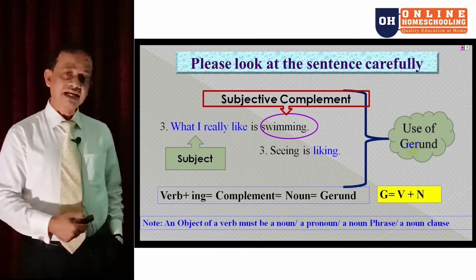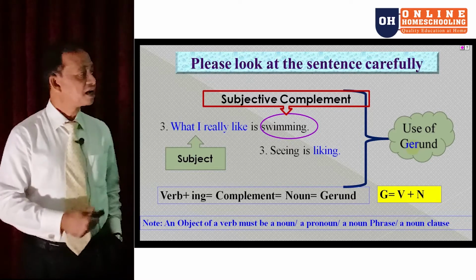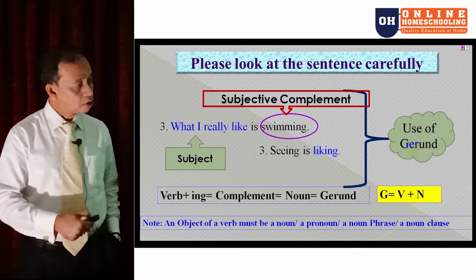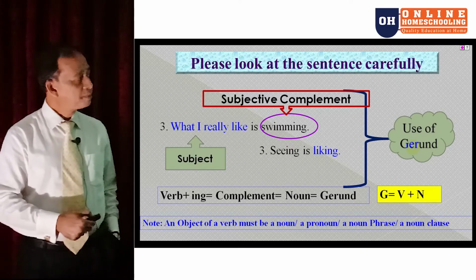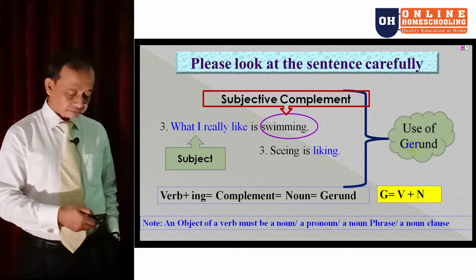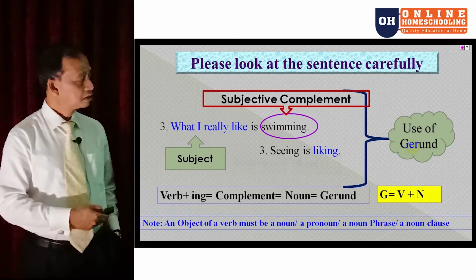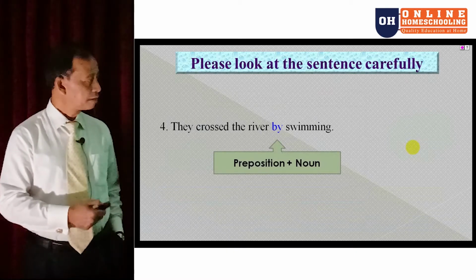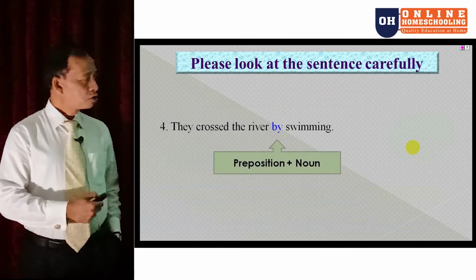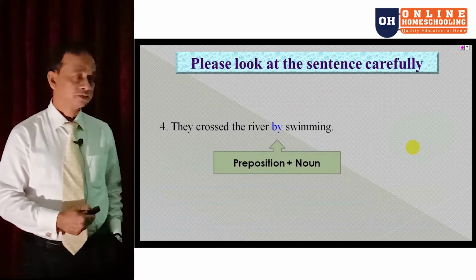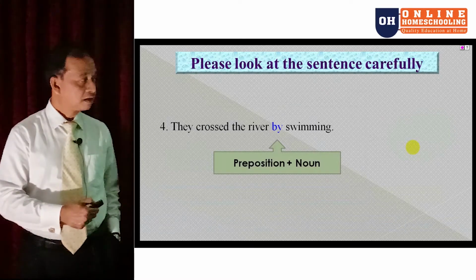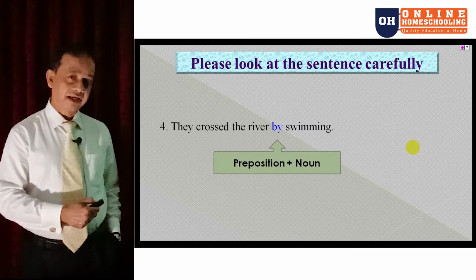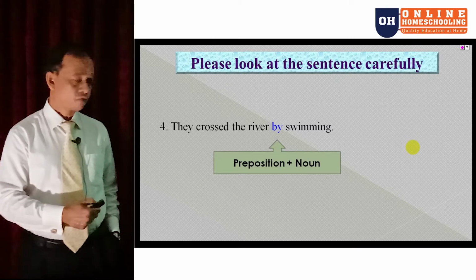So a gerund is the subject of a sentence, a gerund is the object of a sentence, and a gerund is also the complement of the subject. Now, dear students, come to another example. They crossed the river by swimming. Look, here is by. I have written the word by in blue ink. Why?